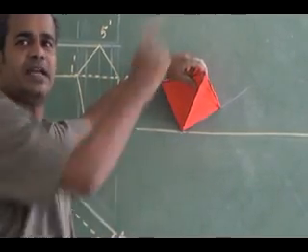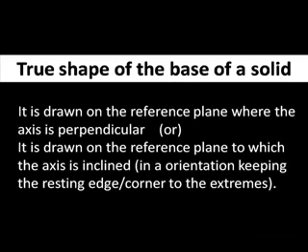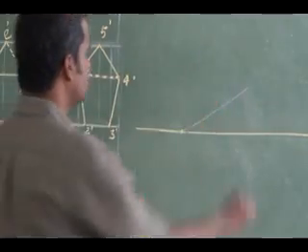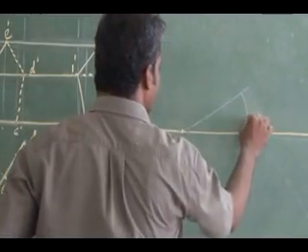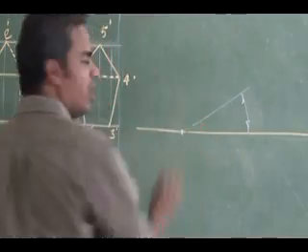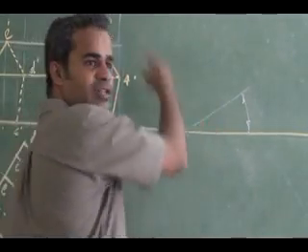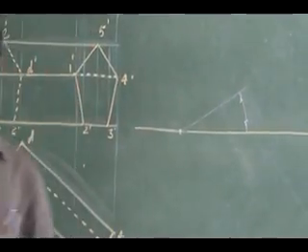Either it can be the left side or the right side. Take the right side. So this is a 20-degree orientation. I can mark a corner here and draw a square in my VP front view.